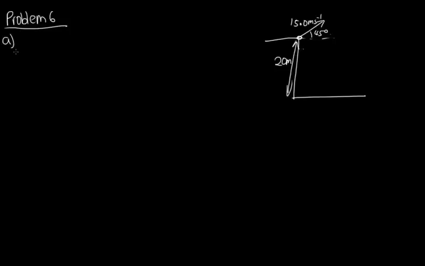And in part A of this question, we are asked to calculate the initial horizontal and vertical velocity. So just to split this down, we've got that this is 15.0 meters per second, and this is 45 degrees, and this is our initial horizontal velocity, and this is our initial vertical velocity.